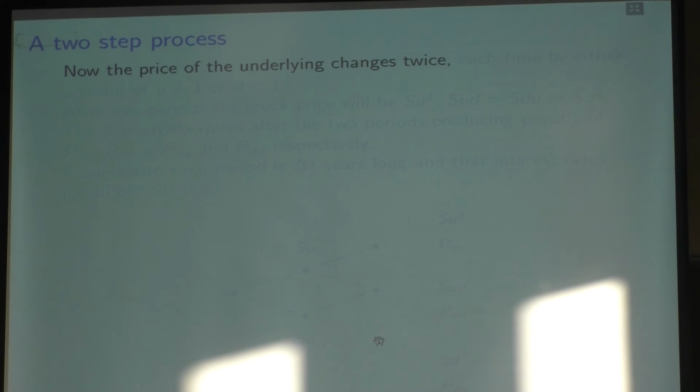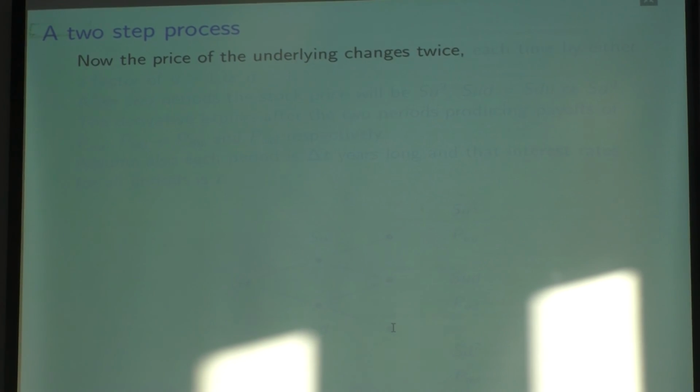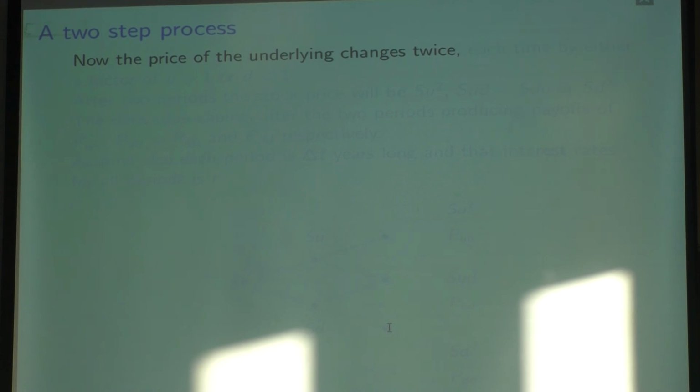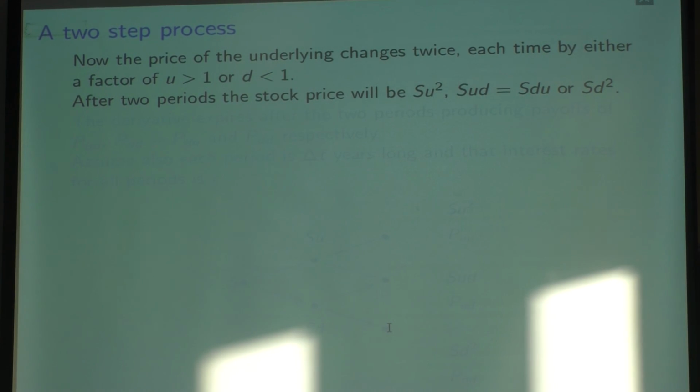So now we're going to have several steps in time. In this particular example, we're going to have 2 steps in time. So underlying asset prices are going to change twice between now and the expiration of some derivative. Each time, the underlying asset price is going to go up by a factor of u or down by a factor of d. And then I look at what can happen after 2 steps in time, so I can find myself in 3 different states of the world.